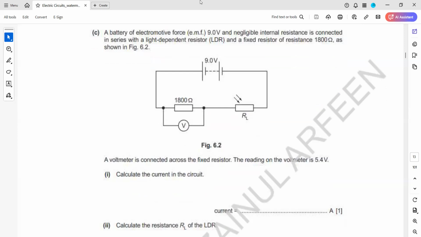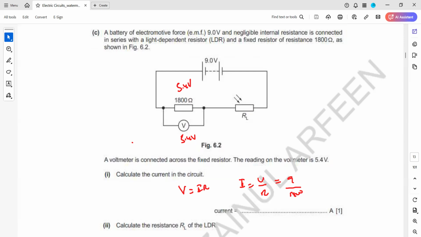So the reading here is 5.4. So we'll have a potential difference of 5.4. We just need a current. We have the resistance. So V equals IR. The current will be the ratio between the voltage and the resistance. So voltage is 9 and the resistance is 1800. 9 divided by 1800.